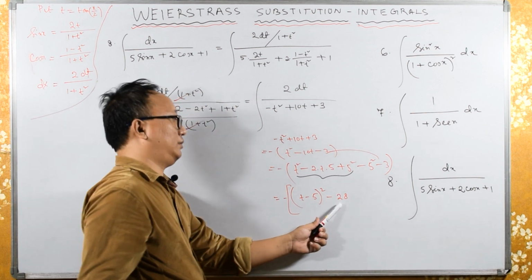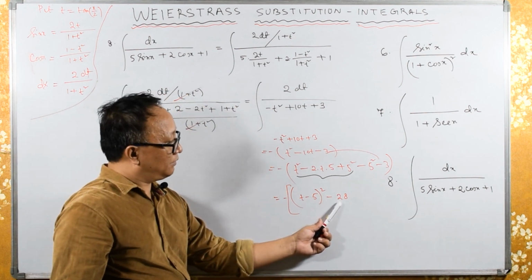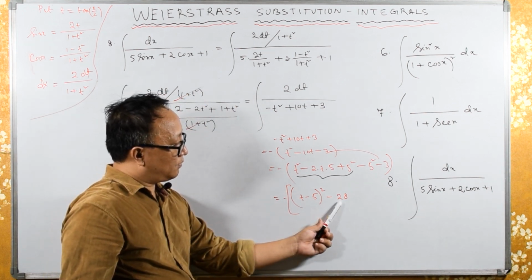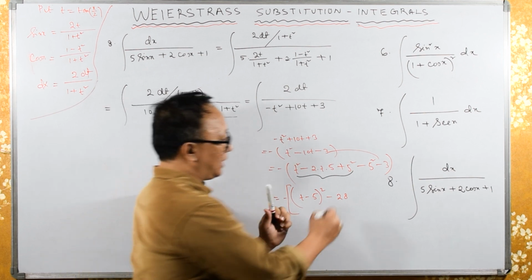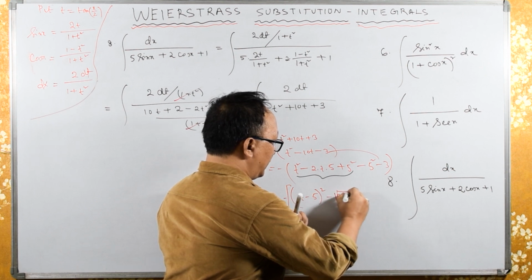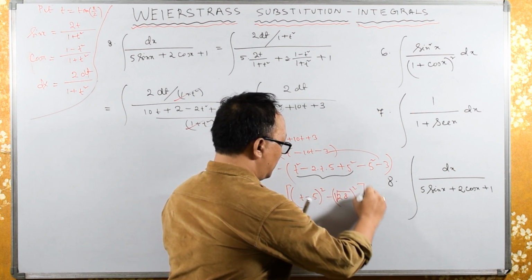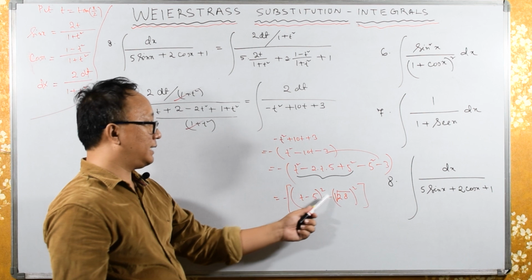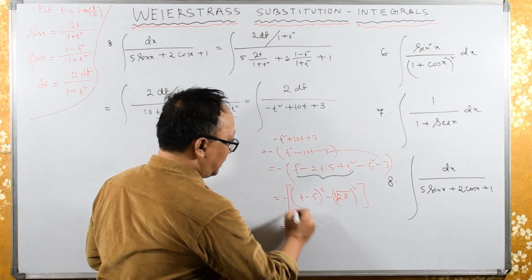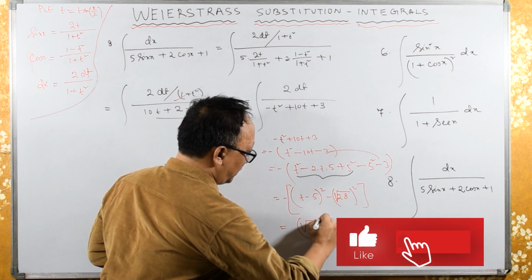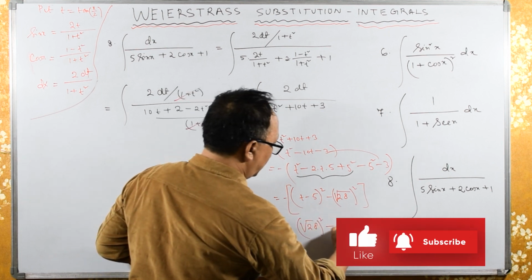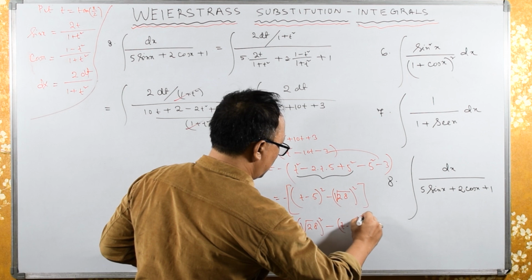So 28, did you get any square of 28? No. 5 is 25, 6 is 36. So we are not getting it, therefore we can write it like this, square root the whole square. This minus sending outside, inside, minus plus, here root 28 the whole square minus t minus 5 the whole square.